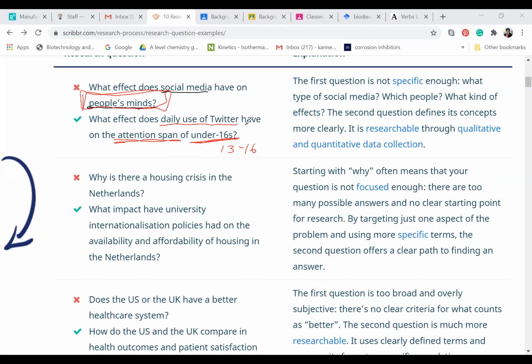And then again, even if we say in Jamaica, we cannot do that. You cannot go and analyze the attention span of every single female 13 to 16-year-old in Jamaica. Hence, you probably have to narrow it down even more, saying females 13 to 16-year-old in, let's say, traditional high schools in Kingston.